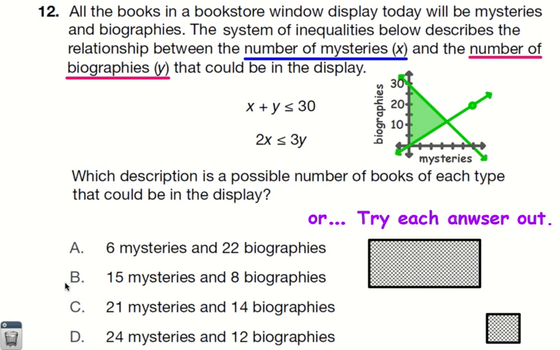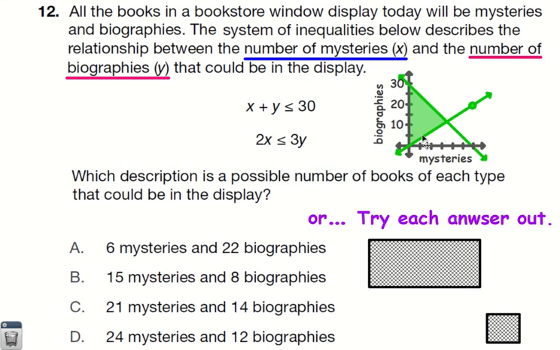And another way to look at this is which one of these combinations lives in the shading. So again, this would be the same as 6, 22, because mysteries is x, biographies is y. So is 6, 22, 6, like 5, remember this goes 5, 10, 15.